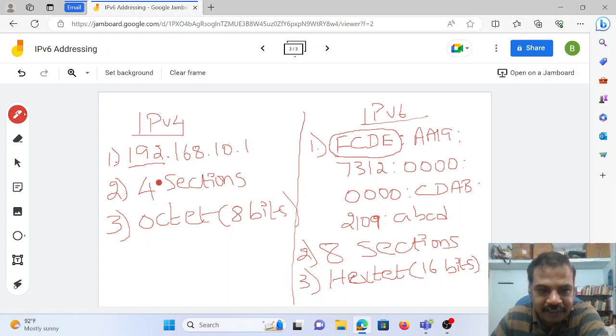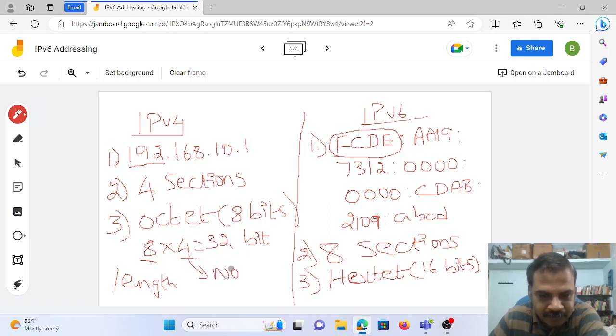Here how many sections do we have? 1, 2, 3, 4. Each section is 8 bits, and there are 4 sections, so equal to 32 bits. Here this 8 is the length and this 4 is the number of sections.